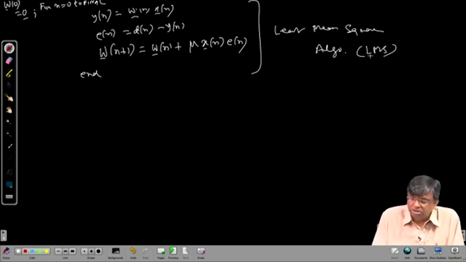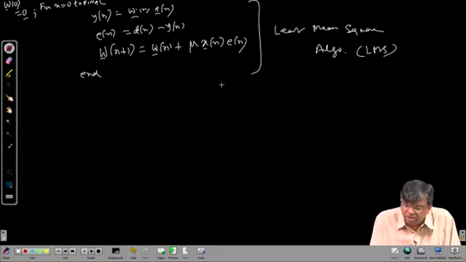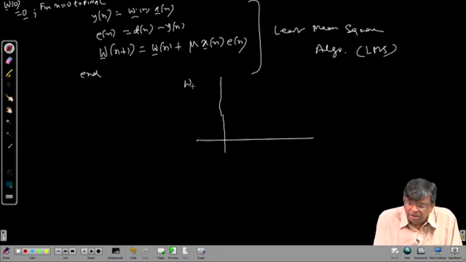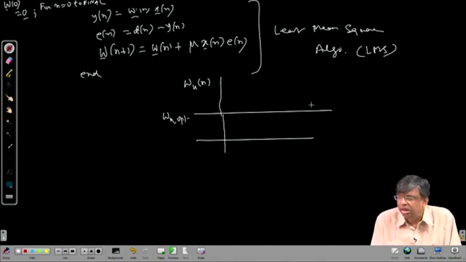It will also converge, but remember the R matrix was not giving the proper value, the P vector was not giving the proper value, just some approximate wild estimates were given, x n into x transpose n and x n into d n. So, for that you pay some price. Here, for the convergence, suppose you take a particular filter coefficient W k n and this is the W k opt. This will not converge on this absolutely, unlike the previous case of steepest descent.